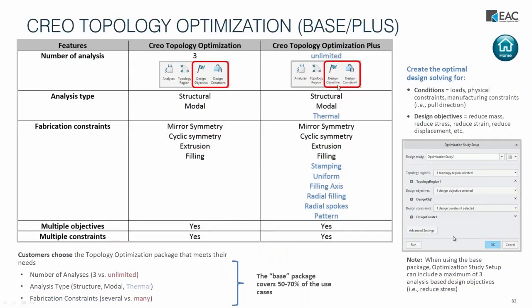The plus version is over here, and this allows you, when you're taking fabrication into account, okay, it still removes material, but it will also take into account that this part is maybe created with filling, or has radial spokes, kind of like blow molding or rotational molding or something like that. So it takes into account some other considerations of how the part is made when it's starting to remove material.